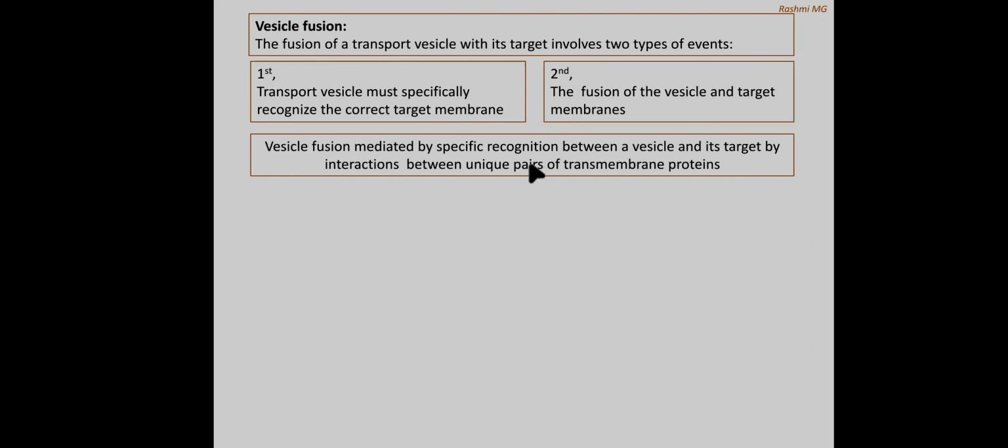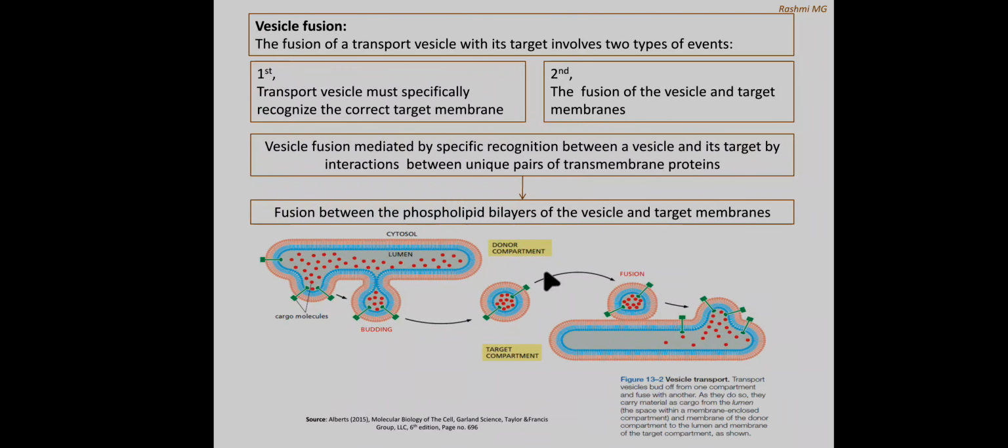Vesicle fusion is mediated by specific recognition between a vesicle and its target by interaction between unique pairs of transmembrane proteins. Fusion between the phospholipid bilayers of the vesicle and the target membrane then happens. There is an image I have to show. This is the cytosol, and this is the lumen.